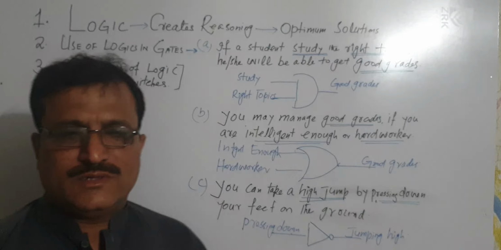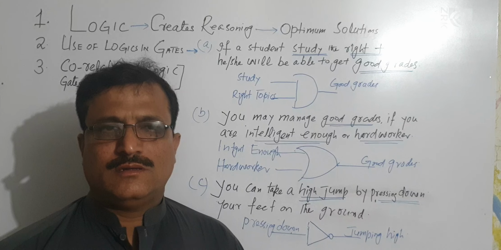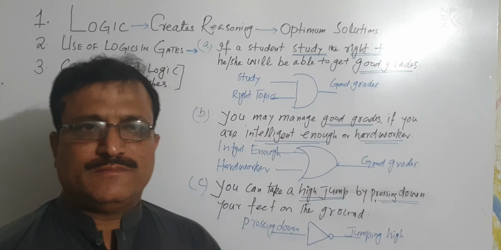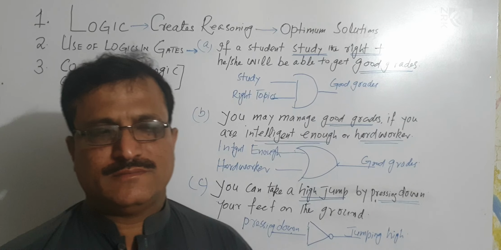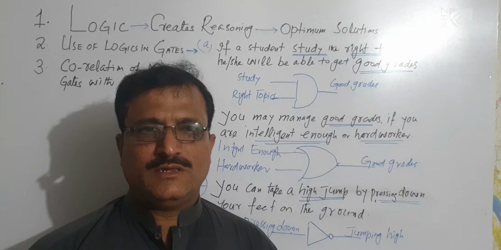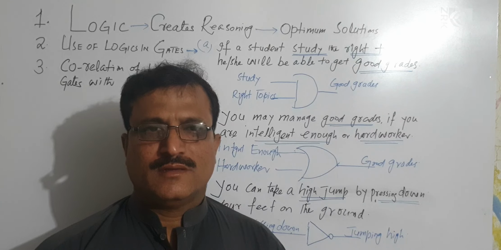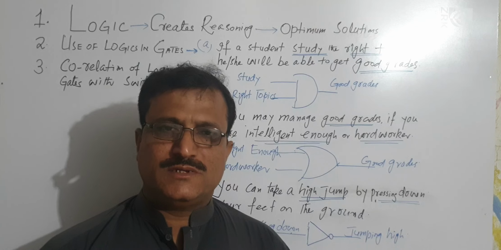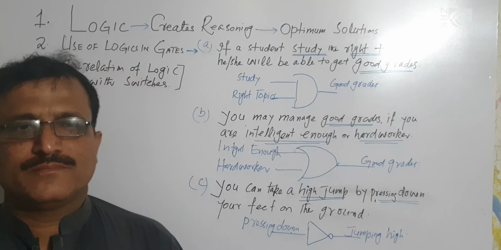As we have talked about this topic in my previous lecture as well. So what is logic? Logic is intelligence. By intelligence we mean the power of mind. If a person is more logical, it means that he is more intelligent.